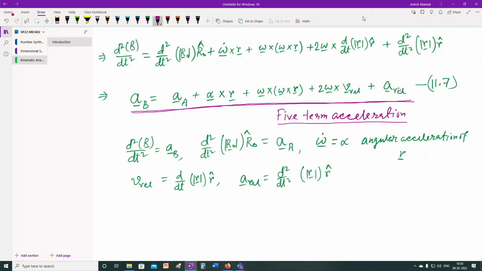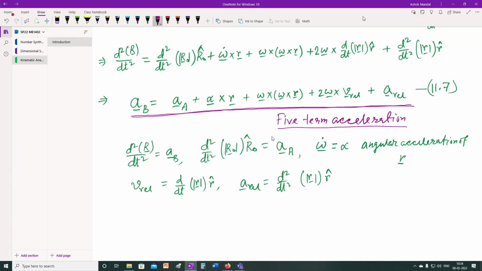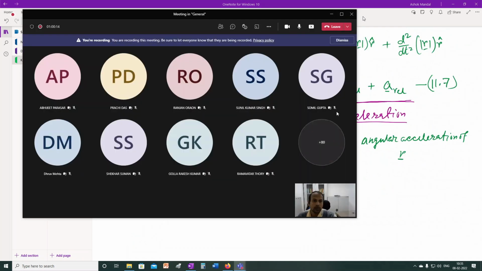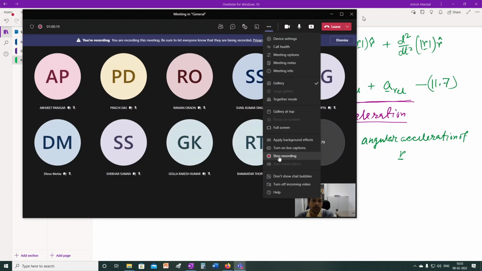Today we don't have time. Tomorrow we will discuss the physical significance of all these quantities. We'll take some examples to understand this. Up to this, if you have any doubt related to these derivations, you can ask me.